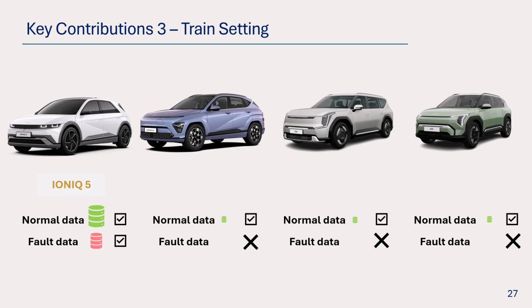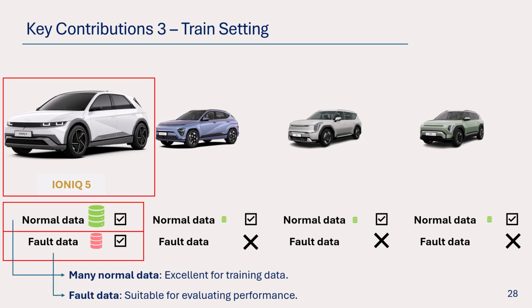Since our autoencoder only requires normal data, we had to select high-quality normal data. Therefore, we conducted training using Ioniq-type vehicles, which provided sufficient data for model training and allowed for appropriate evaluation.